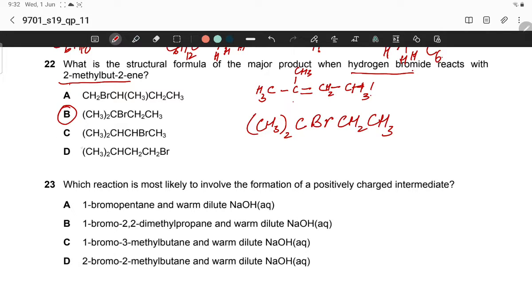Option B must be correct. CH3CH2, this is not correct, because of this.